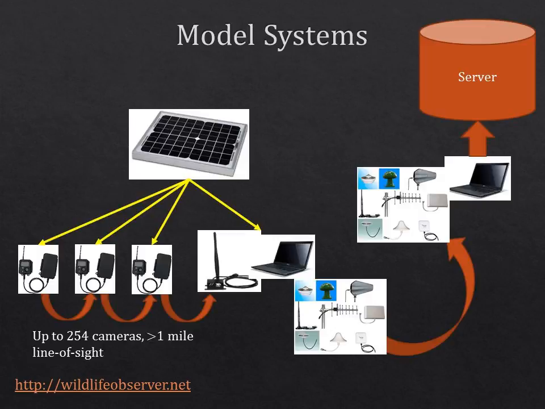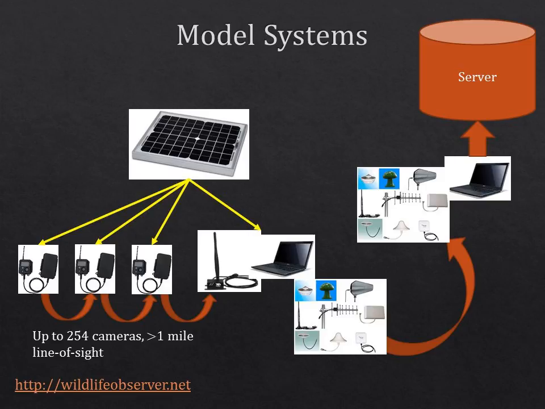So the model system for Wi-Fi cameras, this is a typical setup, is that you would have a series of cameras, and in this case the Buckeye can communicate among 254 cameras daisy chained to one base station. That means a camera can communicate with the next closest camera and so on, sending the data through, so basically using an individual Wi-Fi camera as a repeater.